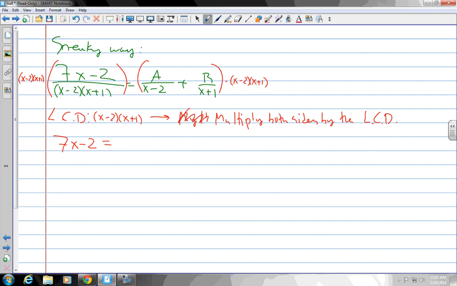While on the right side, if you distribute the LCD, x - 2 cancels, leaves you with a times (x + 1), plus x + 1 cancels, leaves you with b times (x - 2). Right? Which we had in the previous example. I'll wait till you catch up. But we had that statement, right?